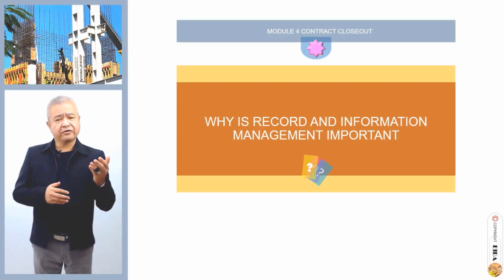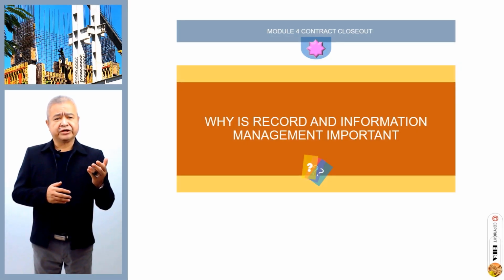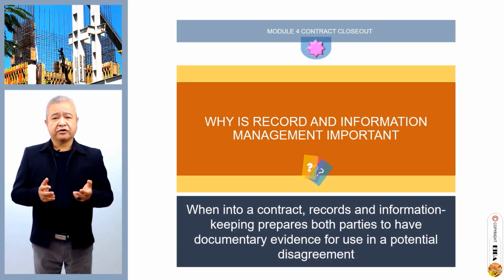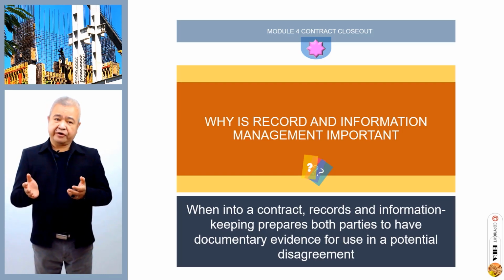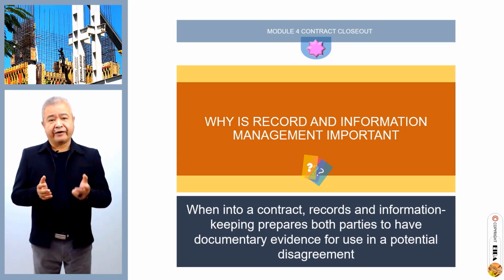Why is record and information management important? When entering into a contract, records and information keeping prepares both parties to have documentary evidence for use in a potential disagreement. Contract documentation is very important in managing projects.